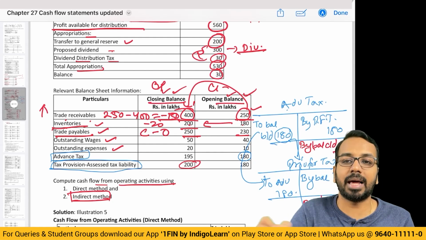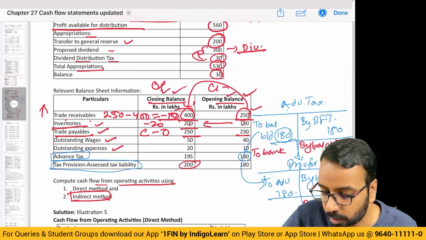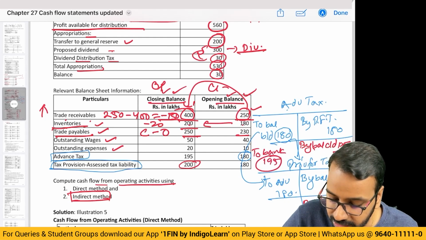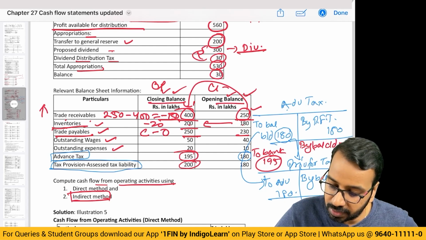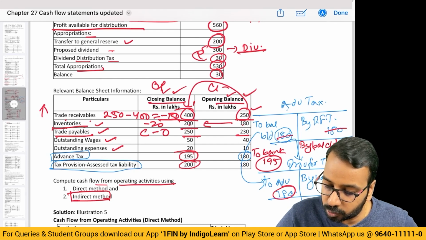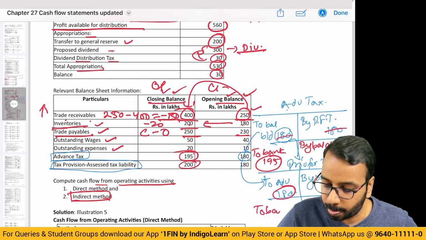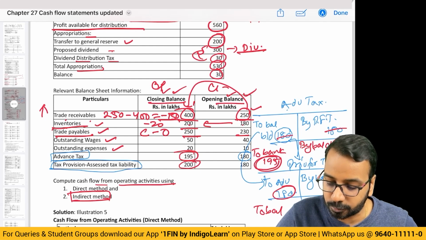Now this 195 balance carried down, the balancing figure will come from to bank account 195, which means we have paid 195 of taxes. So provision for tax opening balance gets closed with this 180, and current year 200 is my closing balance here. In advanced tax account, the closing balance is 195, that is paid through bank.